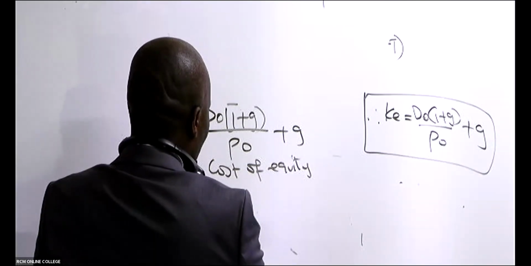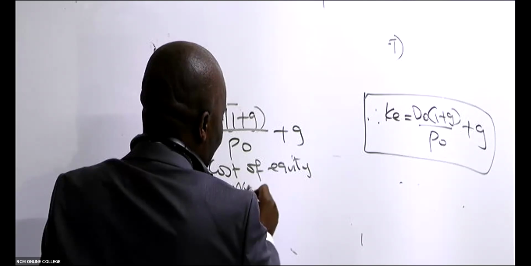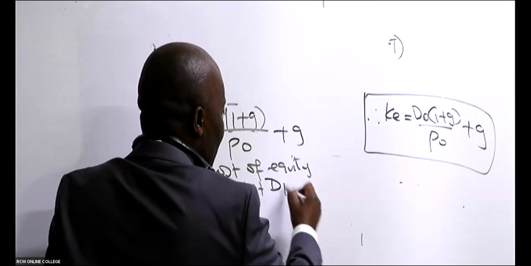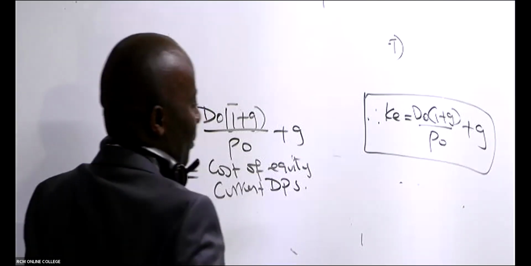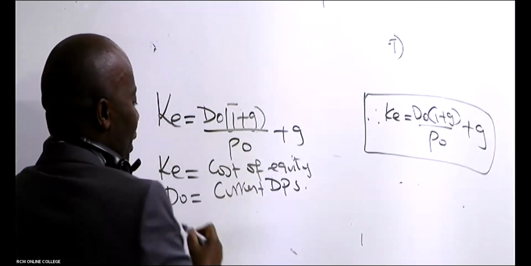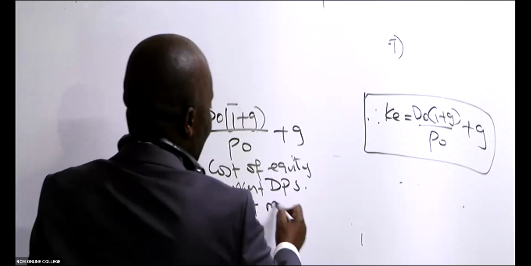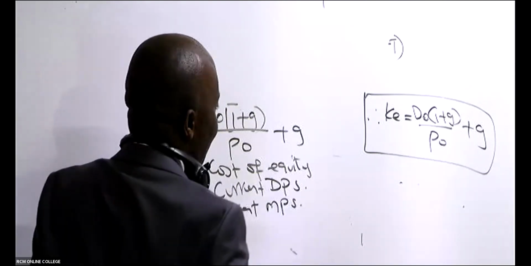We have DO, which is current because of the O today: current dividend per share. Then we have PO, which is current MPS.